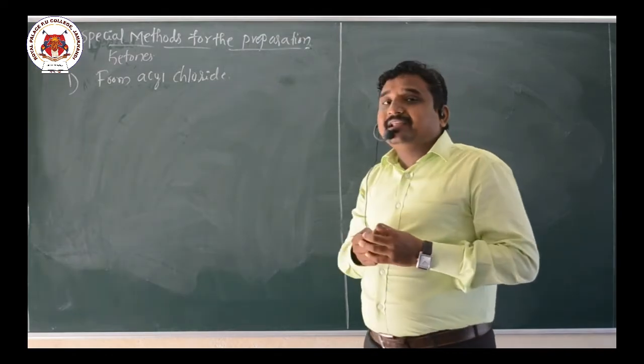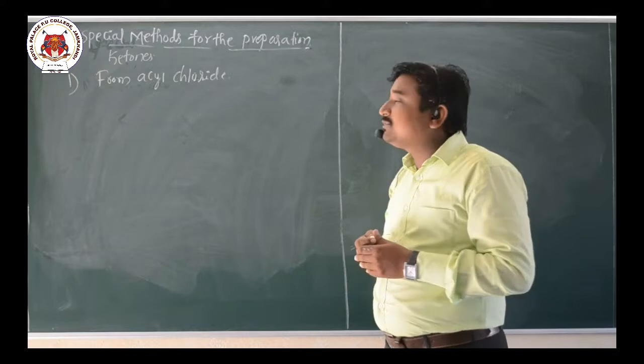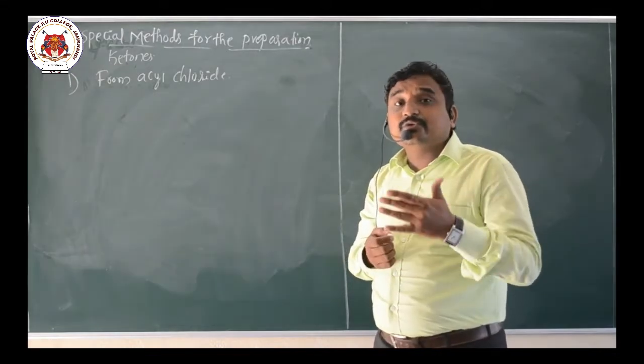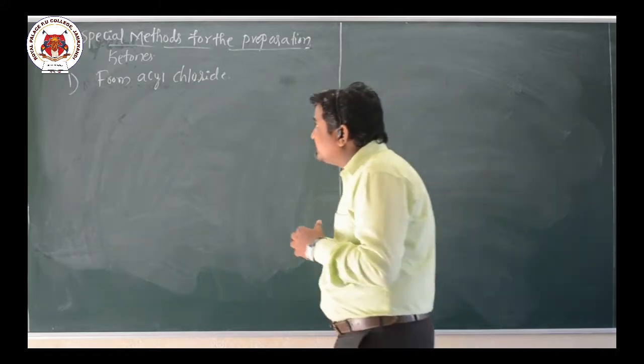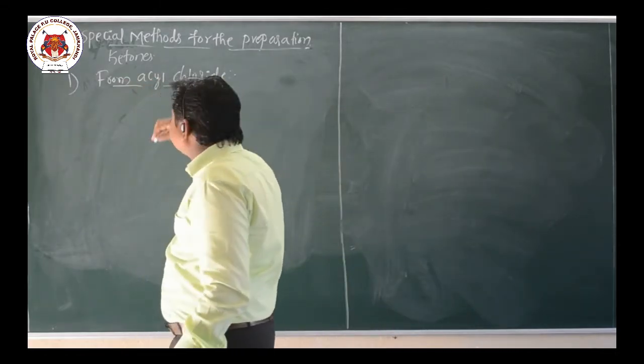After preparing this dialkyl cadmium, that dialkyl cadmium reacts with acyl chloride, and that gives a ketone product. So from acyl chloride, they are going to prepare a ketone.